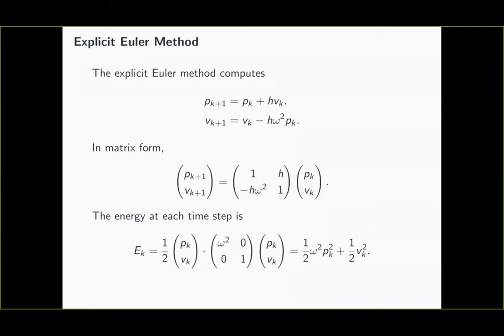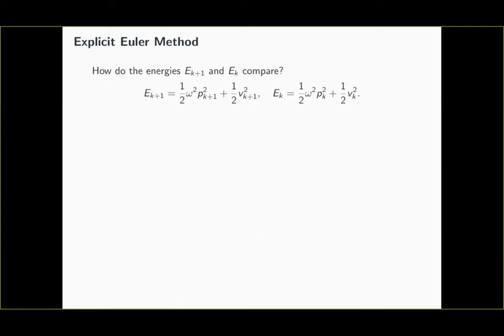And of course, if you compute out this matrix vector product and the scalar product, then what you get is 1/2 omega square pk square plus 1/2 vk square. What we would like to have is that the energy at each time step remains constant. However, that is not true, unfortunately, for the explicit Euler method, and we can check that explicitly.